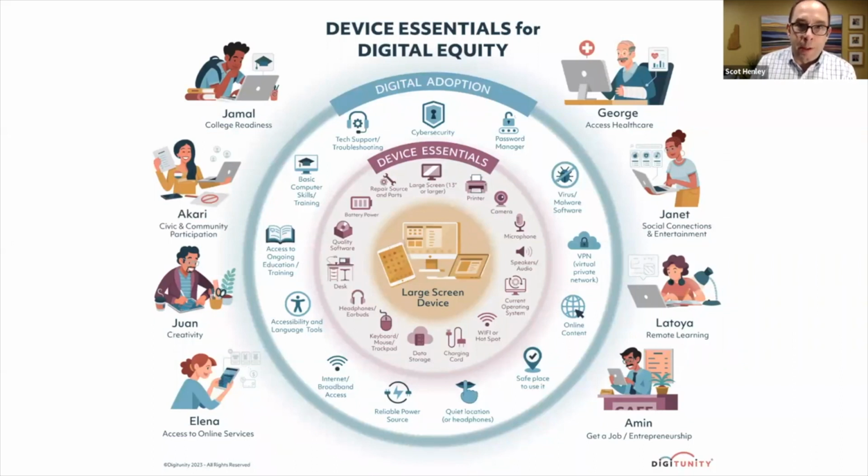And of course, there's ACP and subsidized internet, but also there's a device component of ACP that I'm sure you're aware of. The unfortunate thing is there's not a ton of ISPs that are participating, and we're definitely trying to make our voice heard on that. But signing up for an affordable internet plan and also getting the cost of a device subsidized through that program could be another way to do that.